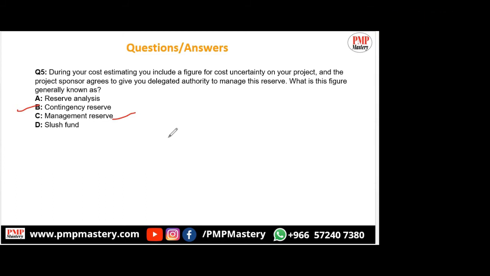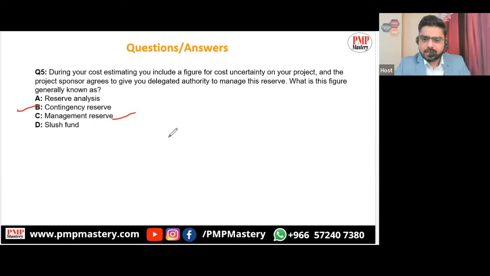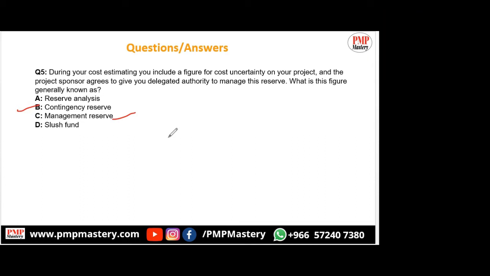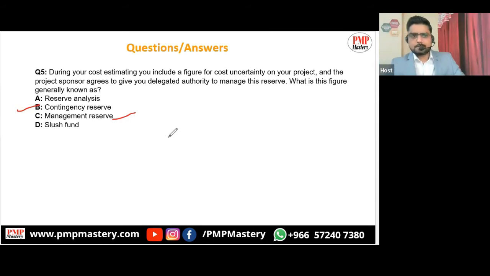Yeah, so it is uncertainty, cost for uncertainty, which is the contingency reserve, which we can use for it. But management reserve is also for uncertainty. Okay, let me hear from Suryapal, who also selected B. Can you explain, Suryapal?